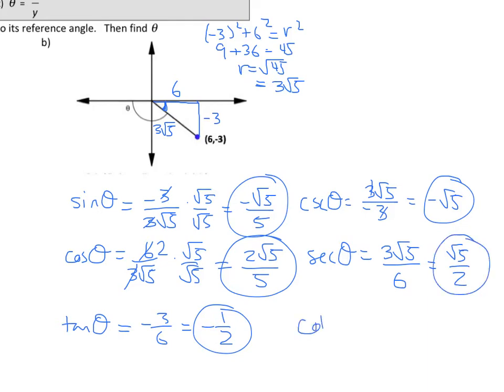And cotangent theta would be x over y, which is 6 over negative 3, which is negative 2. And again, tangent and cotangent are reciprocals, cosine and secant are reciprocals, sine and cosecant are reciprocals.